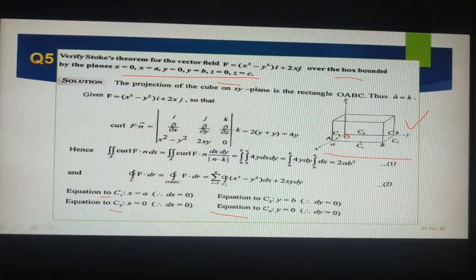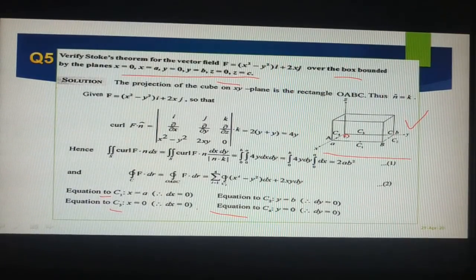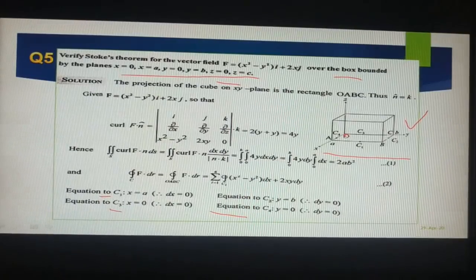What we need to find is along the curves. So along this bottom curve I am trying to find it out. If I take AB along C1, what is your x value? x is equal to a.